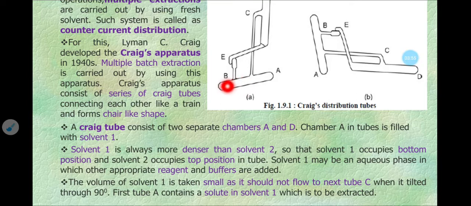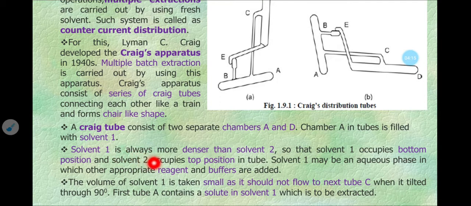That means या tube मध्ये lower portion हा solvent 1 चा असेल, because it has higher density than solvent 2, आणि वरचं लेयर जे असेल ते solvent 2 चं म्हणजे ऑर्गॅनिक लेयरचं असावं. Solvent 1 may be the aqueous phase and solvent 2 will be the organic phase.